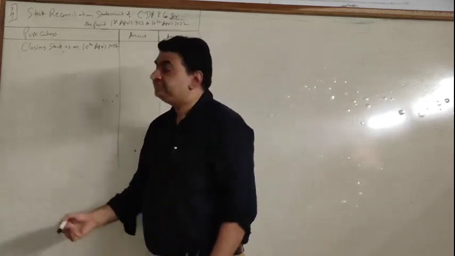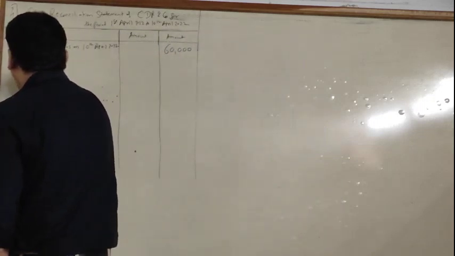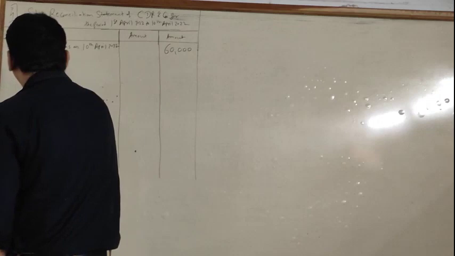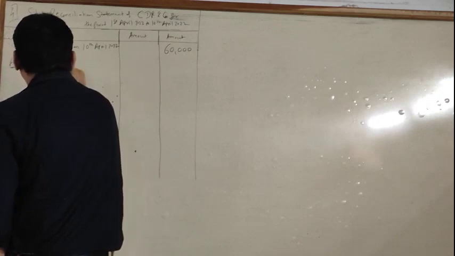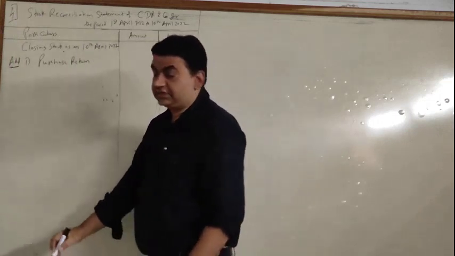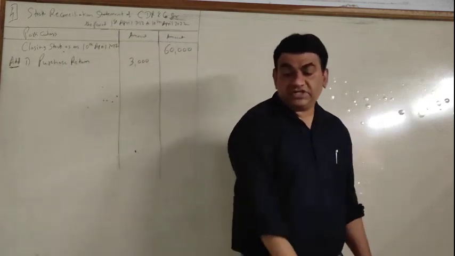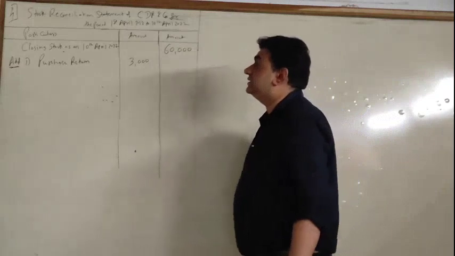Next, what do you have? Purchase return. Purchase return is always at cost, so I will add purchase return, that is 3,000.